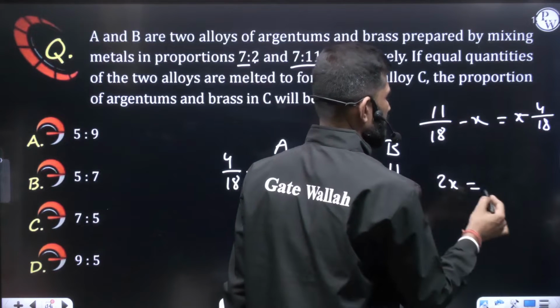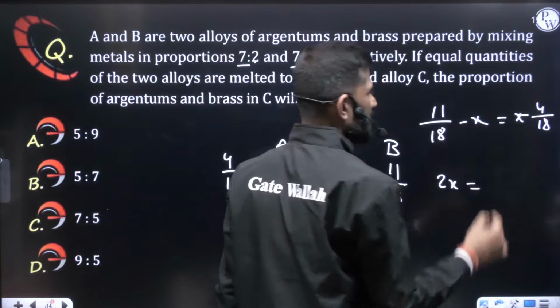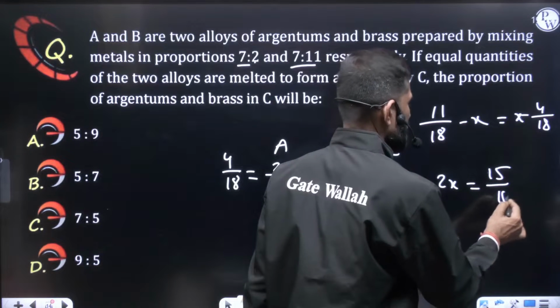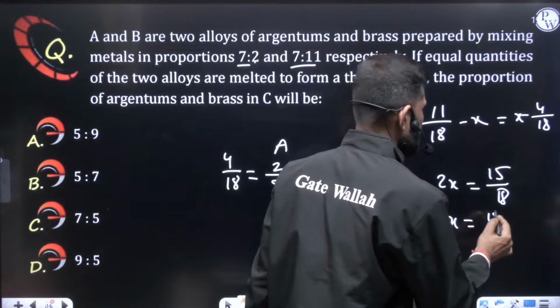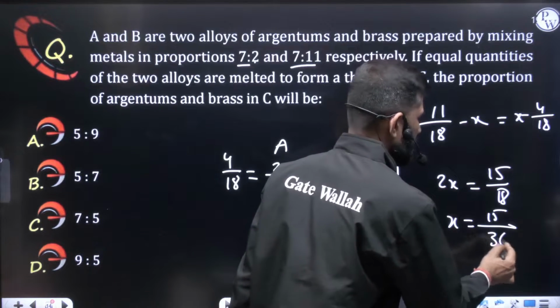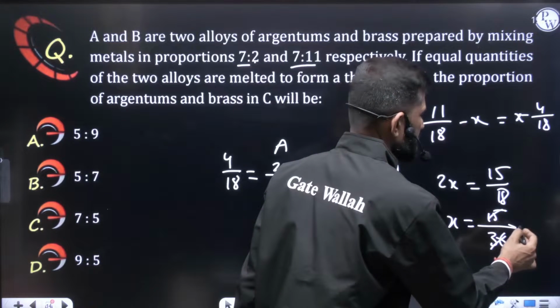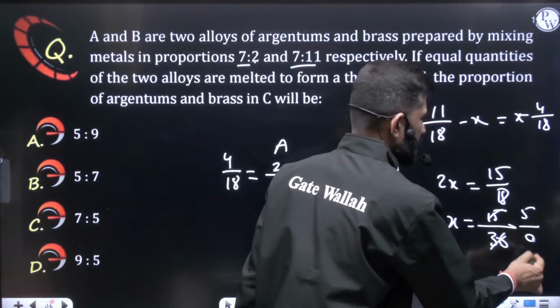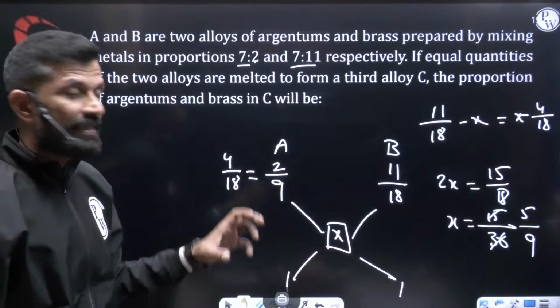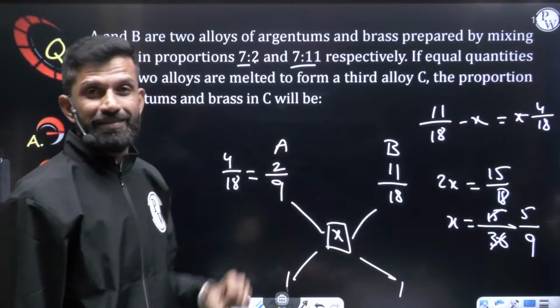Minus comes this side, plus, so it will become 4/18. 11/18 plus 4/18 will become 15/18. So what is the x value? It is 15 by 18 times 2, that is 36, which you can further cancel: 3 5s are 15, 3 9s are 27, so 5/9. 5/9 is actually the brass in alloy C.